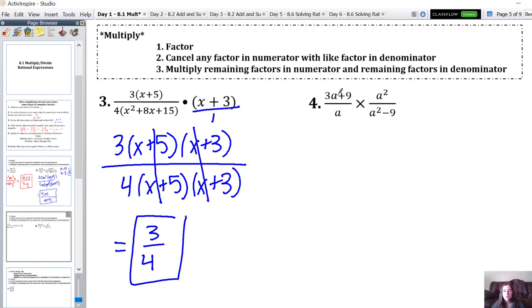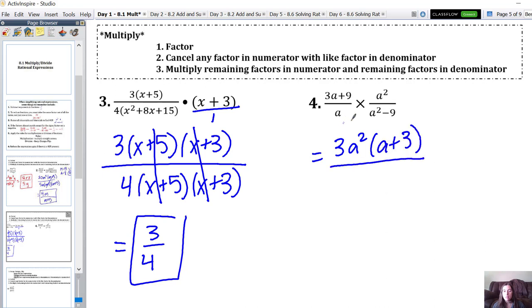Number 4, we've got 3a plus 9 over a times a squared over a squared minus 9. I'm going to start by factoring whatever can be factored. The numerator of the first fraction can be factored into 3 times a plus 3, and then when I multiply across, I've got 3a squared and a plus 3.